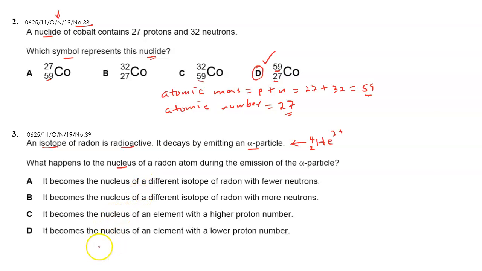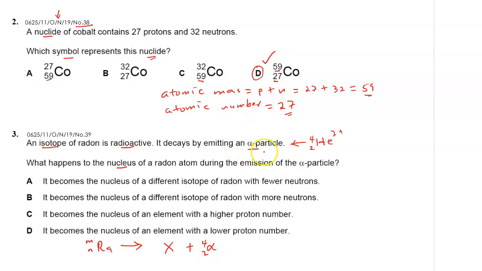Of course, we are told this is radon, and let's say the atomic mass is m and the atomic number is n, and let it undergo decay. It will decay to element X, and in the process it will emit an alpha particle.